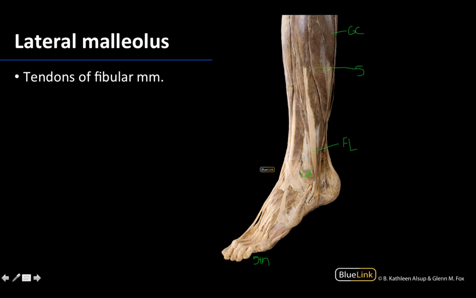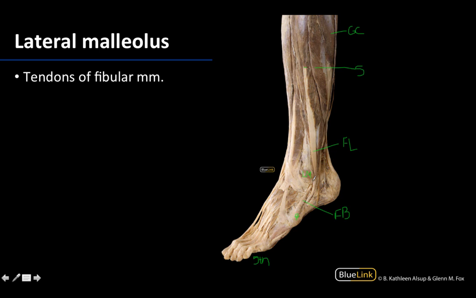Whereas the fibularis brevis tendon is going to insert, or have its distal attachment, on the fifth metatarsal. So it kind of stops right about here. So it'll be the tendons of this lateral compartment of the leg that are going to be traveling behind the lateral malleolus.